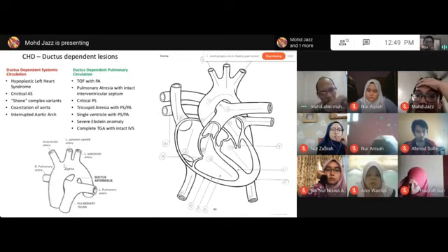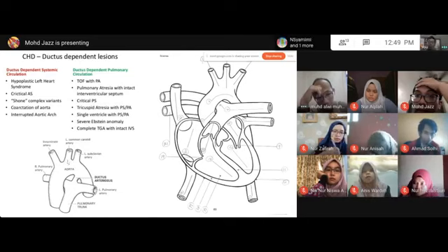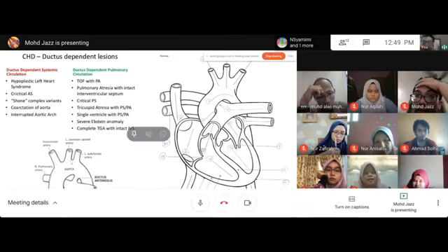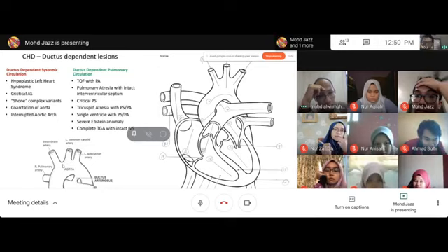It has three types: type A, type B, and type C. If you look at the diagram below, where Jasly is pointing the pointer, we can see the PDA, and then we can see the three trunks above: the brachiocephalic, the left common carotid, and the left subclavian artery.